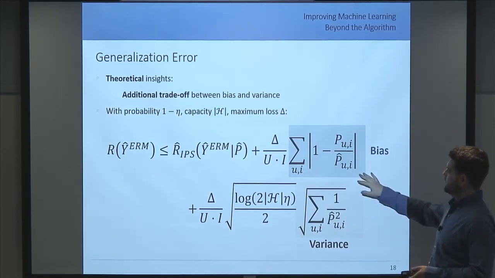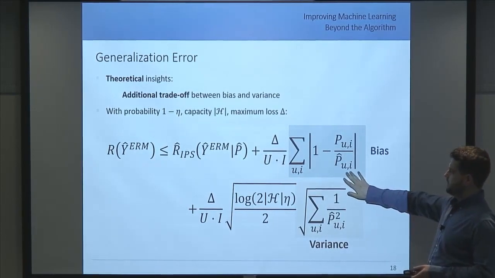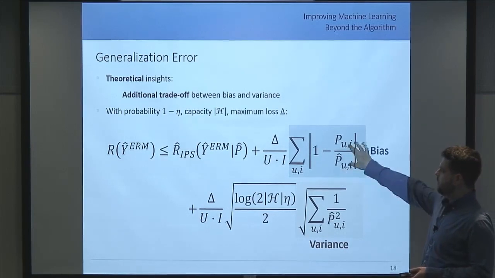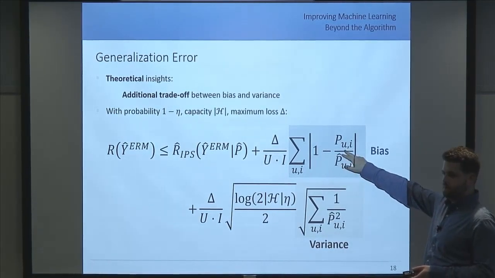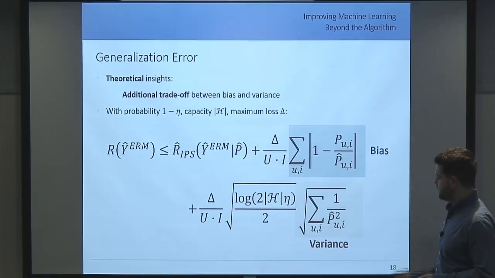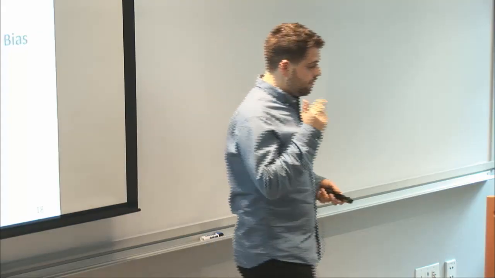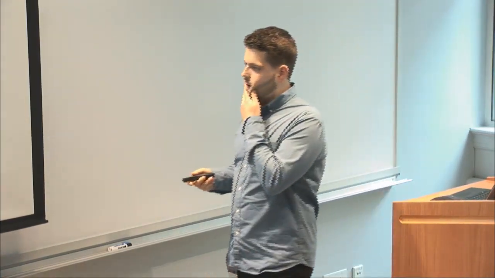What you get is a bias penalty that tells you how far the estimated propensities are off from the true propensities. And then there's also a variance component that is due to the estimated propensities.